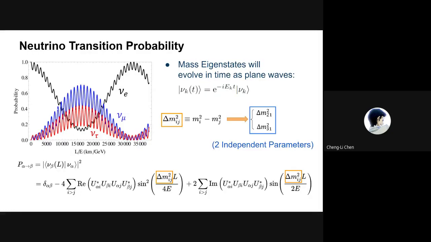As neutrino propagates through a distance at certain energy levels, the probability of one flavor neutrino transforming to another flavor can be expressed in this equation. The neutrino transition probability is related to the mass difference between 2 arbitrary mass eigenstates. Therefore, we get the other 2 independent parameters, which are Δm²21 and Δm²31.